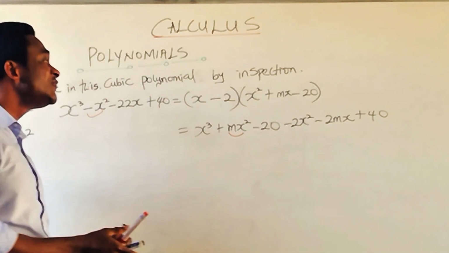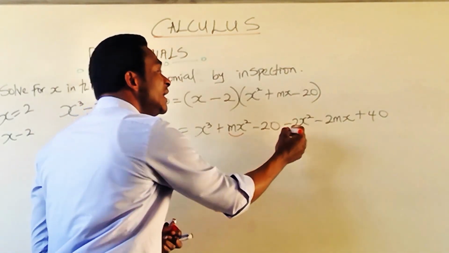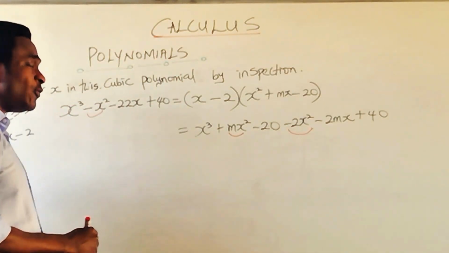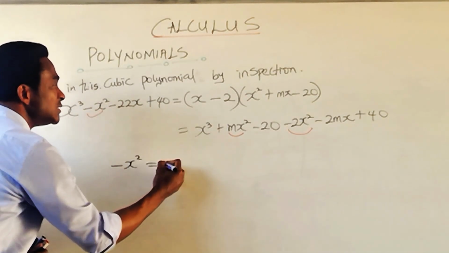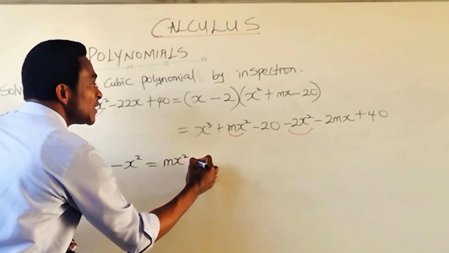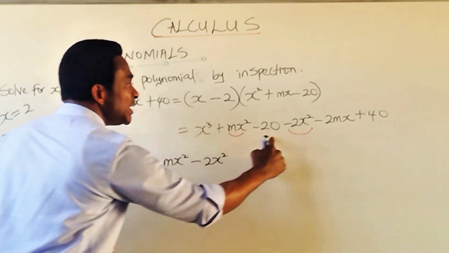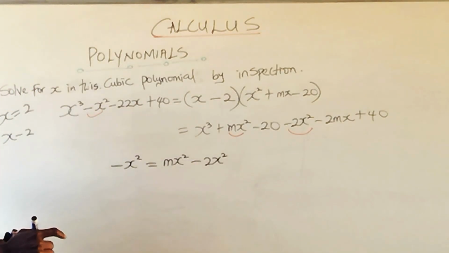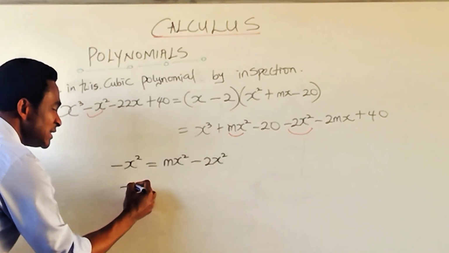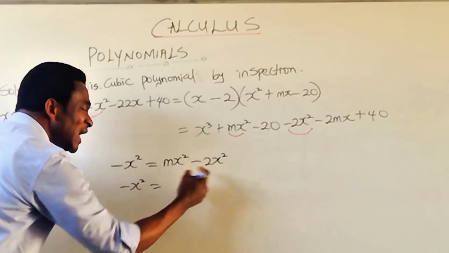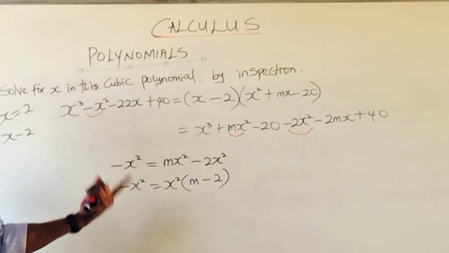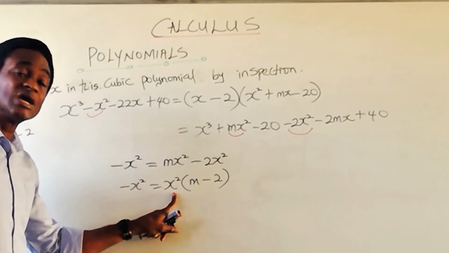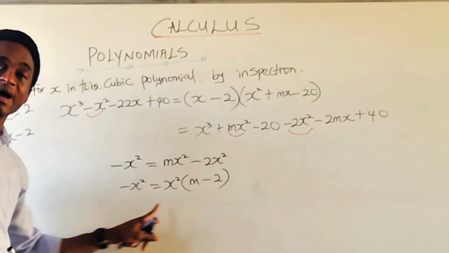But I also have to take everything that has x squared as its coefficient if I want to solve that problem. So I will go: negative x squared is equal to mx squared minus 2x squared. You check, that's all we have there. So this is negative x squared. I will factor out x squared on this other side, and treat it as a coefficient that you can use to divide both sides.